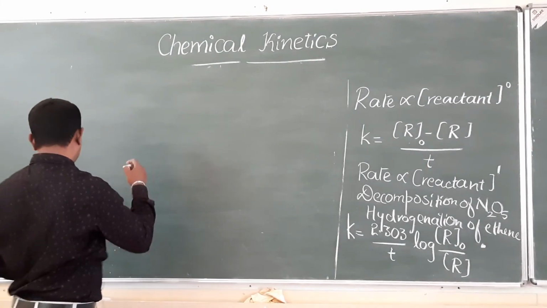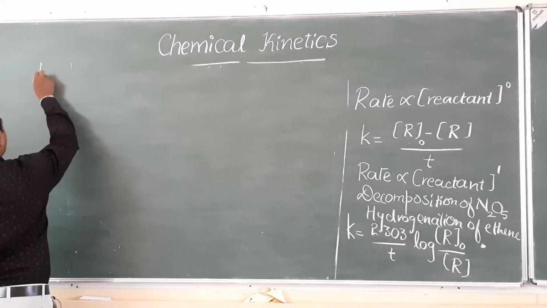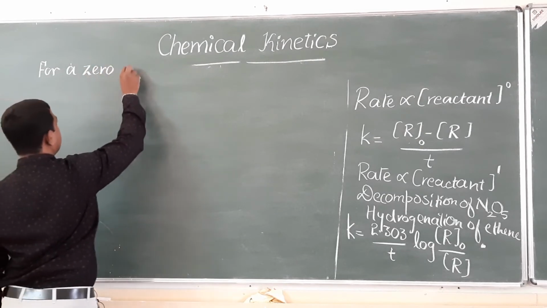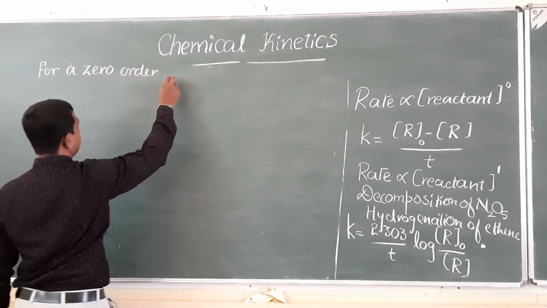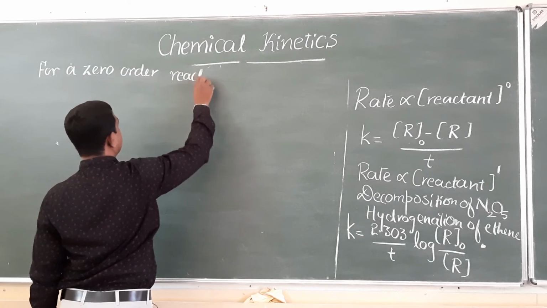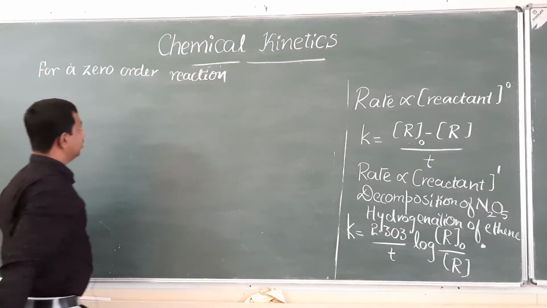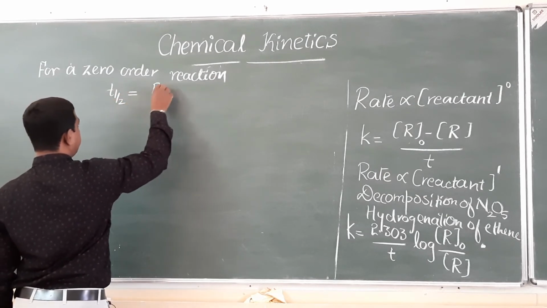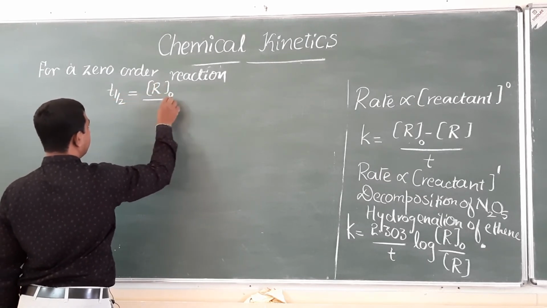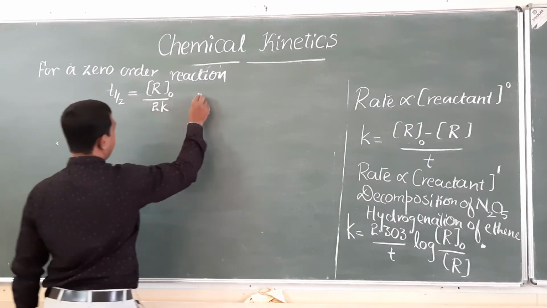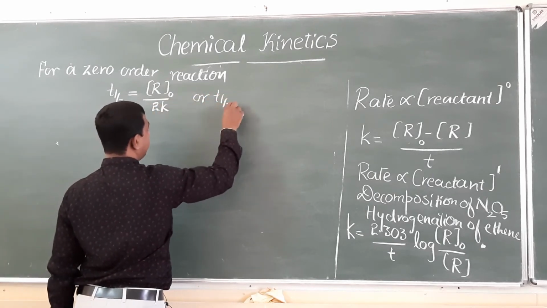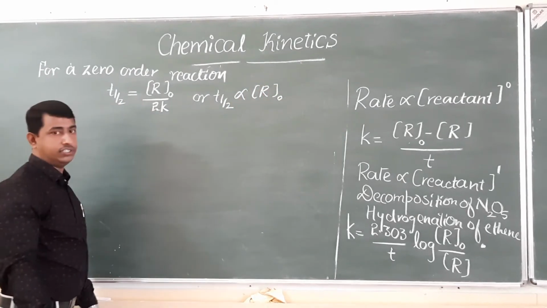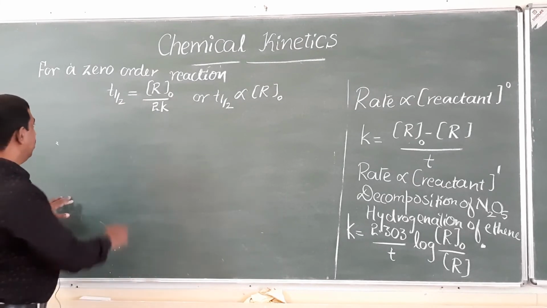I will write the expressions once. For a zero order reaction, T half is equal to R naught divided by 2K, or I can say T half is directly proportional to initial concentration.